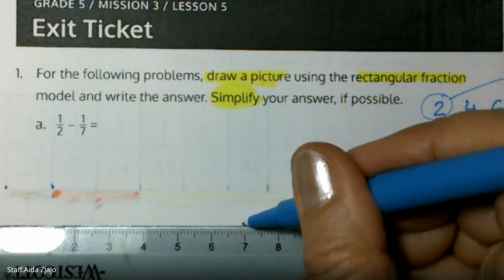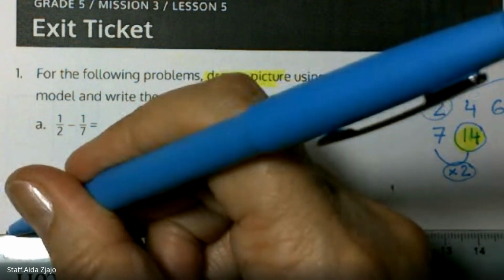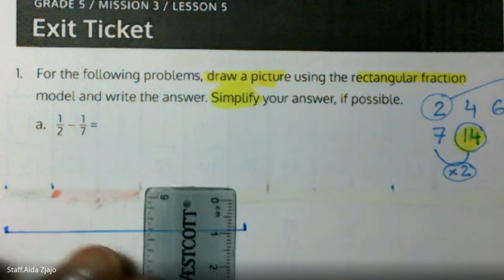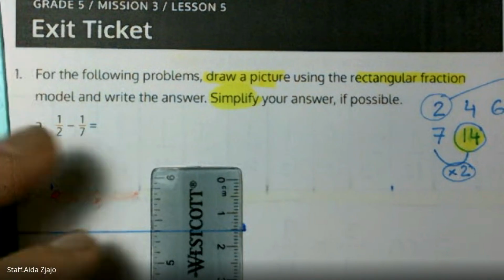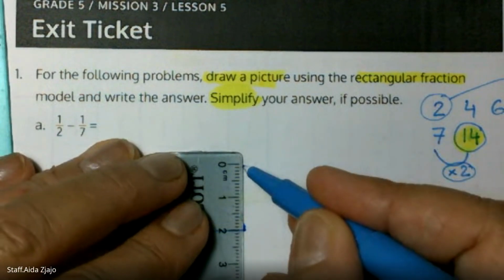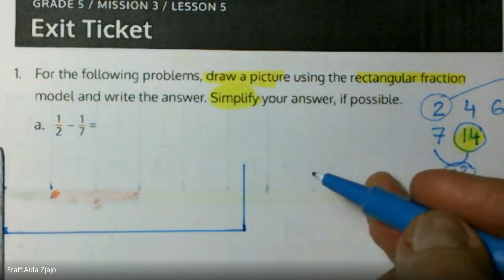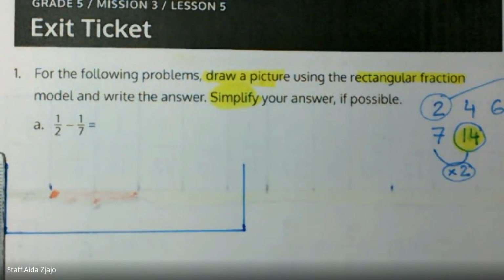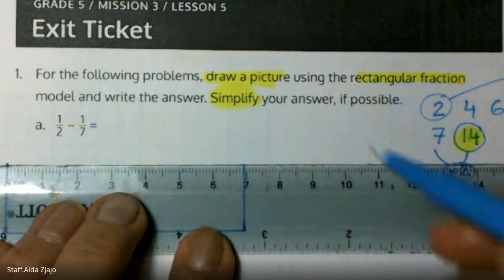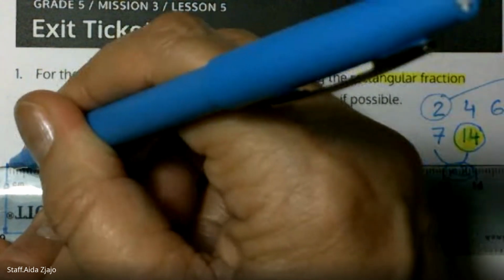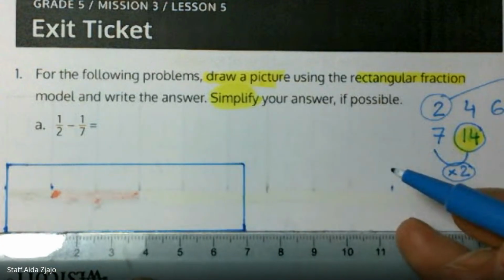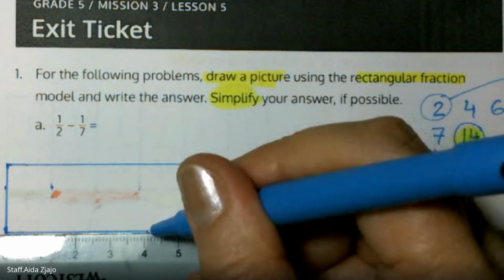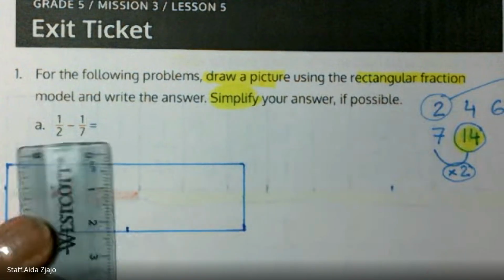That number is helping me to create my picture. So if I think of this to be the 7 centimeters, half of 7 centimeters is 3.5.